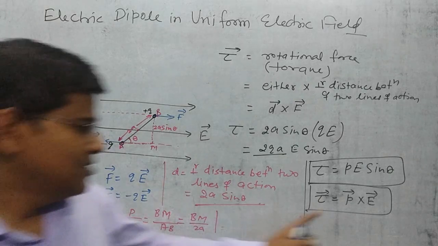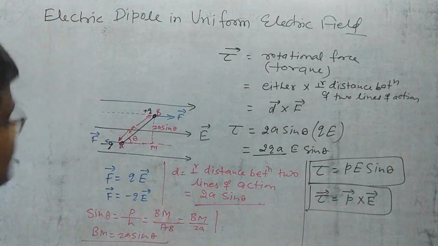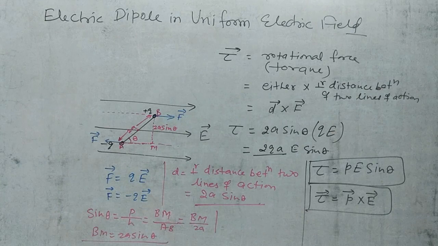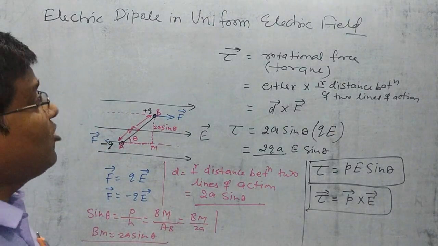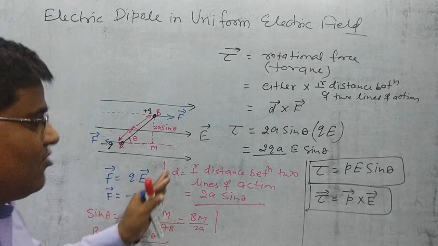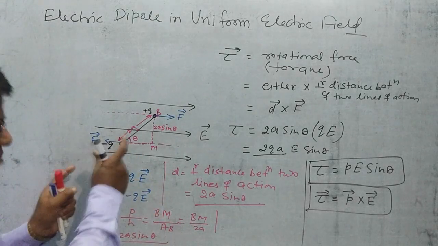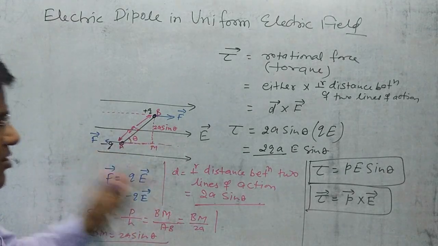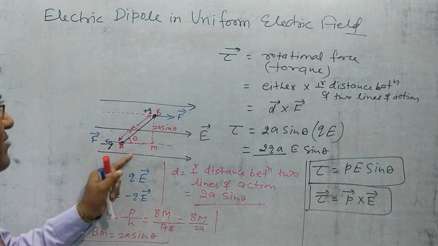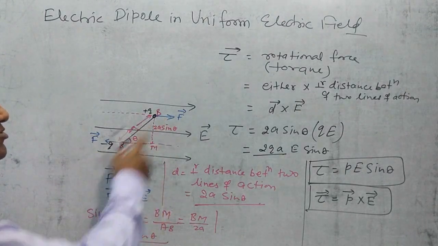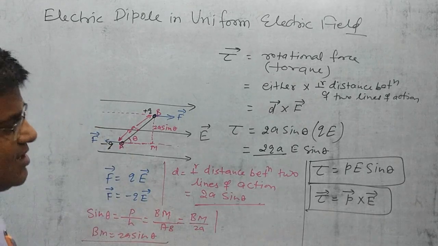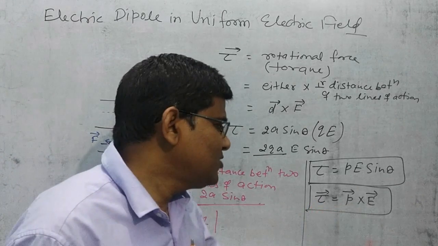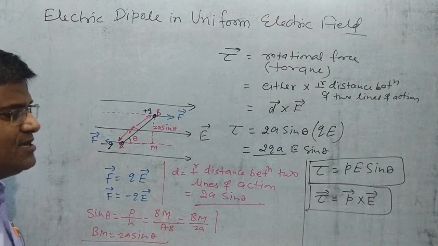This is very good. For an electric dipole in a uniform electric field, the net force is 0 but torque exists. Net force means this force and this force are equal and opposite, so net force is 0, but the rotational effect shows tau equal to pE sin theta.